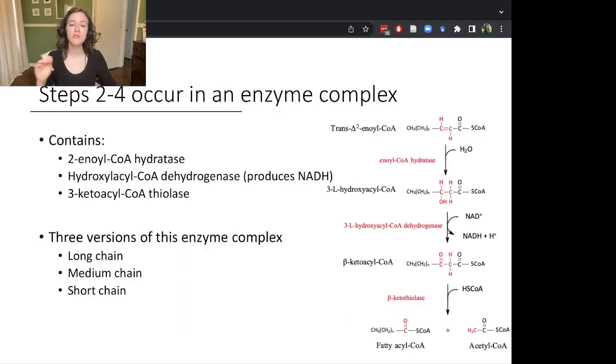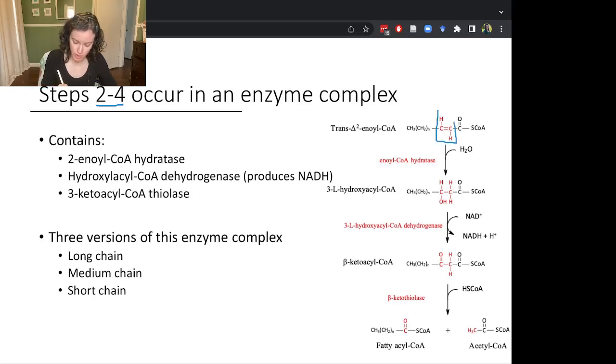After we've formed that double bond, folks, this metabolite moves on to an enzyme complex that will perform steps 2 through 4. This enzyme complex contains all 3 enzymes that will perform the rest of the steps. So what's happening here?